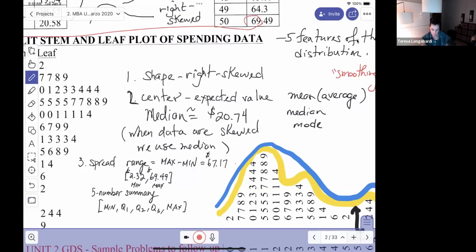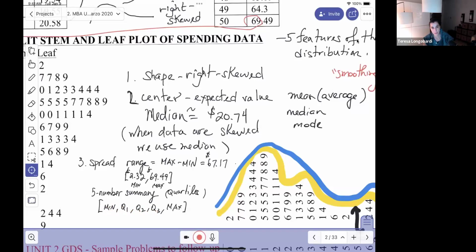Q stands for quartiles. So these are percentiles of 25% each. They're marking the value to which 25% of the observations are below, 50% of the observations are below, 75% of the observations are below.